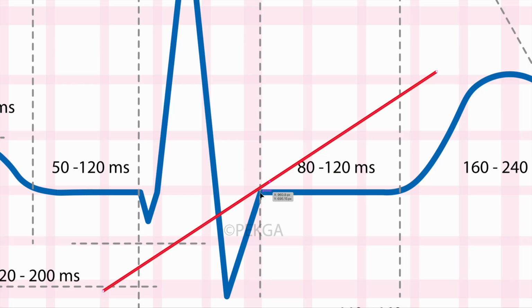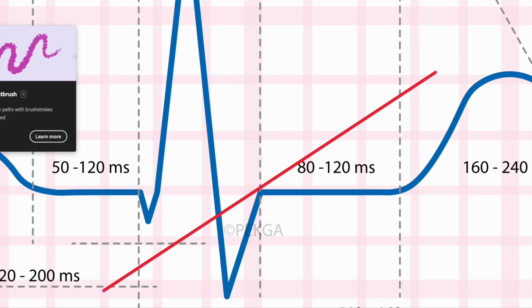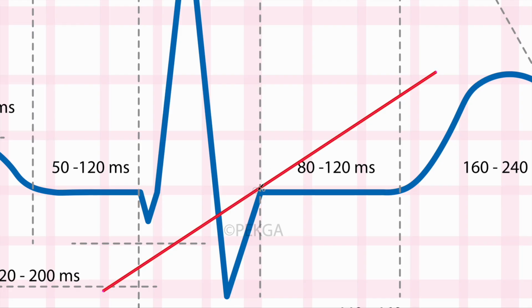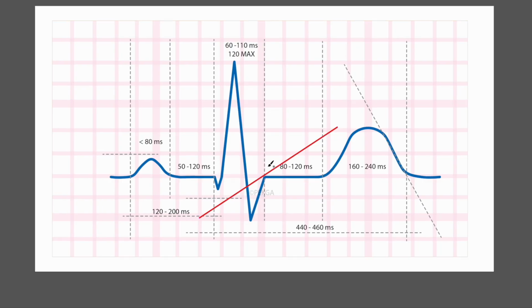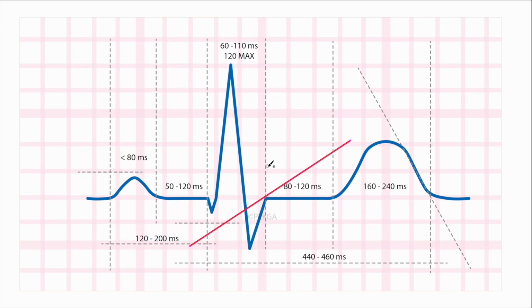So this inflection point is the point where, if you were to draw a line of the slope at that line. Now this is tricky, if you were not good at your math or your geometry class. When it comes to a slope, it is rise over run.